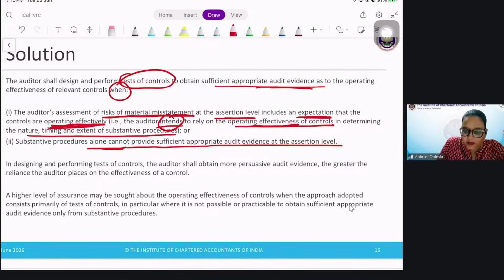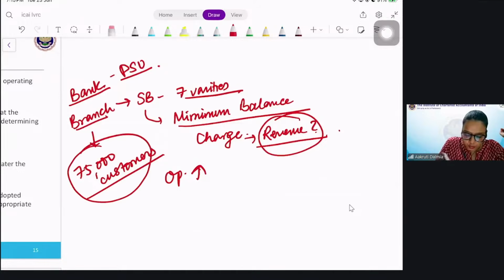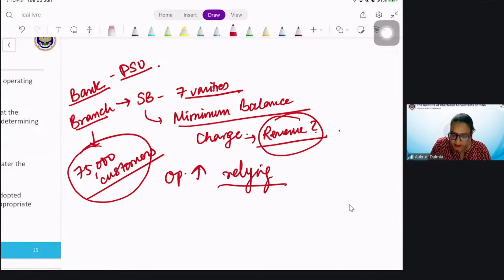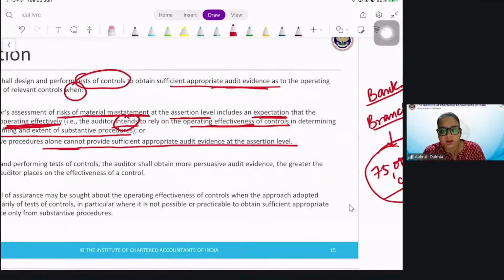So if the operating system in the bank is very, very good and very effective, do I have to create a big sample of vouching or a small sample of vouching? If the operating effectiveness I am relying on is very good, then my sampling will be very, very small. Very good, Sumit. So you understood what the first point is trying to say?